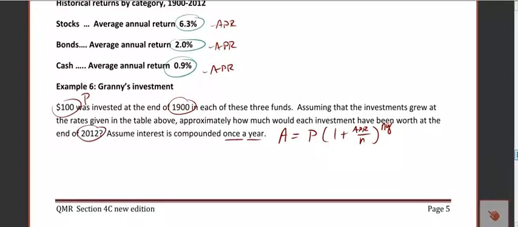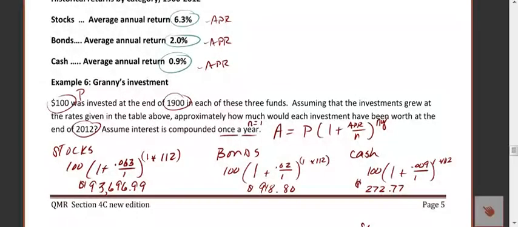So take a second and set those up. You're going to have three situations, one for stocks, one for bonds, and then one for cash. So set that up. So check these values out. Again, we're investing $100 in stocks, $100 in bonds, $100 in cash.